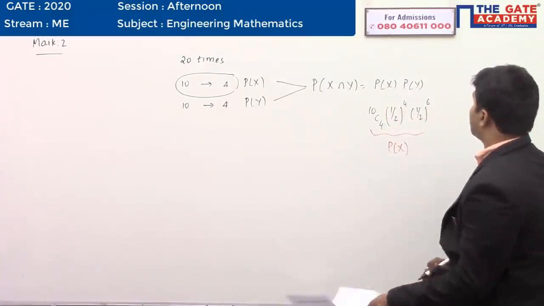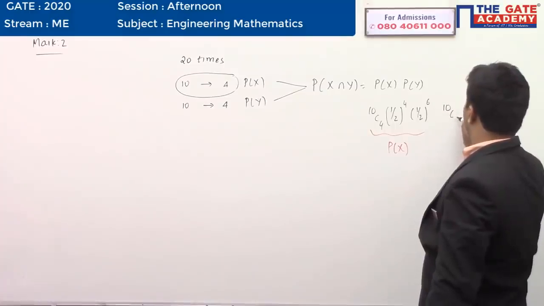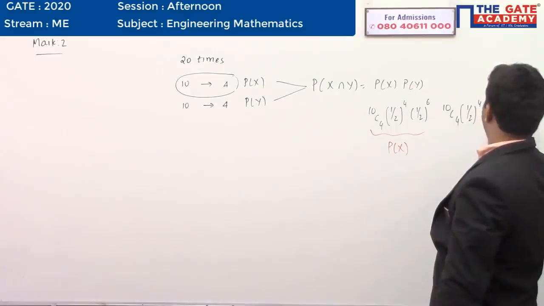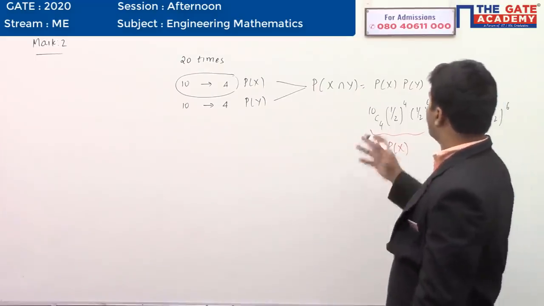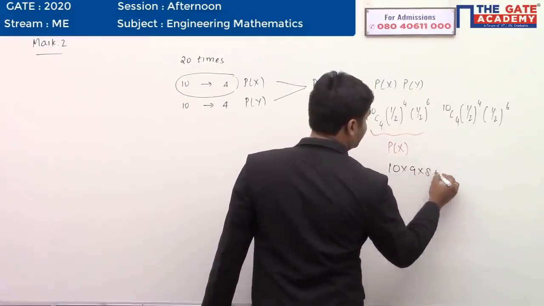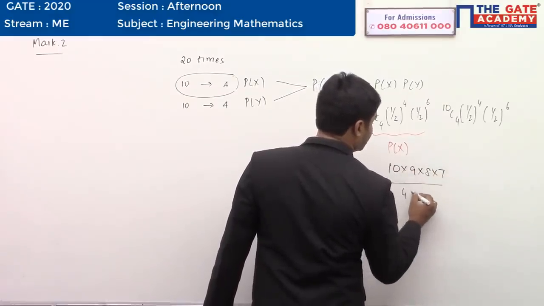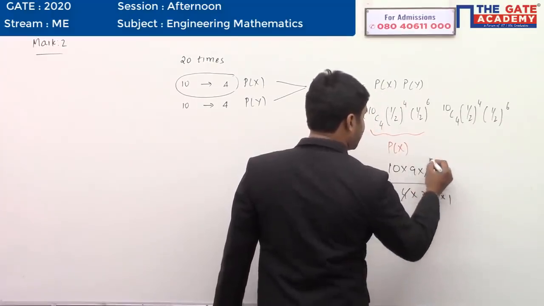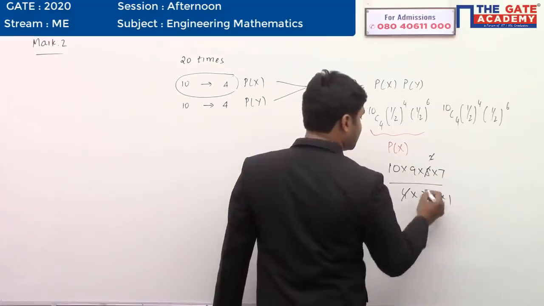So we require 4 tails. It means that out of 10 we require 4 tails: (1/2)^4, (1/2)^6. Now please tell me what is 10C4? 10C4 is nothing but 10 into 9 into 8 into 7 divided by 4 into 3 into 2 into 1. Yes or no? Here the 4 is 2 times 2, so the 2 gets cancelled out, and the 9 is 3 times 3.